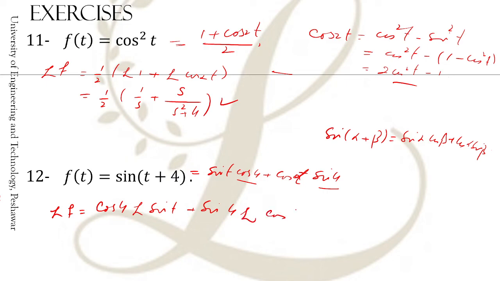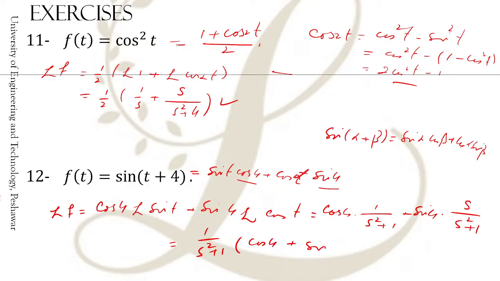Now cos 4 is constant, so we have 1 divided by s square plus 1, plus sine 4 is constant, and we write s divided by s square plus 1, which might be expressed as 1 over s square plus 1 into cos 4 plus s sine 4. That's the Laplace transform of sine of t plus 4.